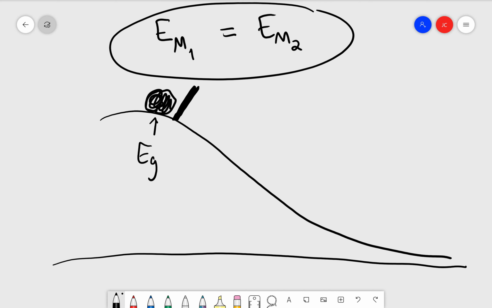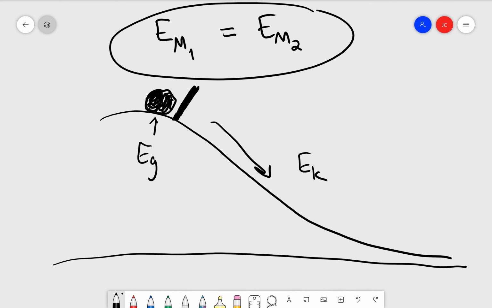Then as it rolls down that hill, you get kinetic energy. But what I didn't explain, and what I'm going to explain now, is that the amount of energy in this rock never changes. Not at all. But what does change is the type of energy. It transfers from gravitational potential energy to kinetic energy over the course of the trip.